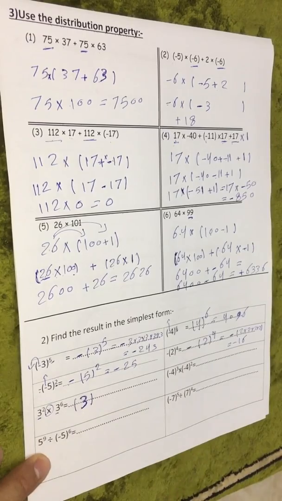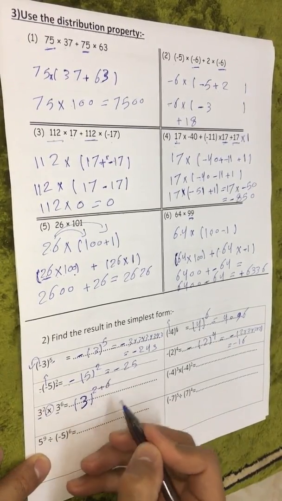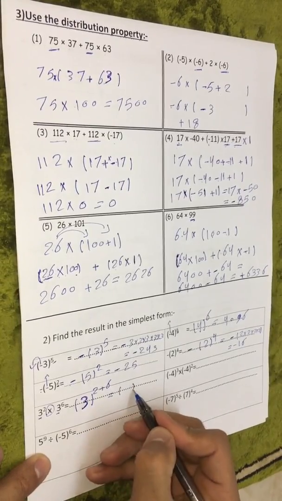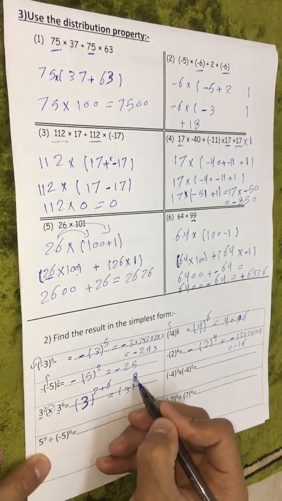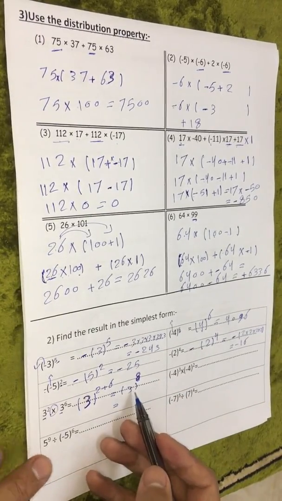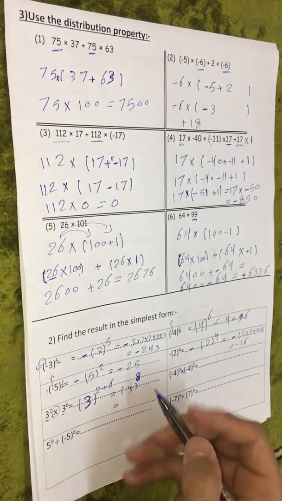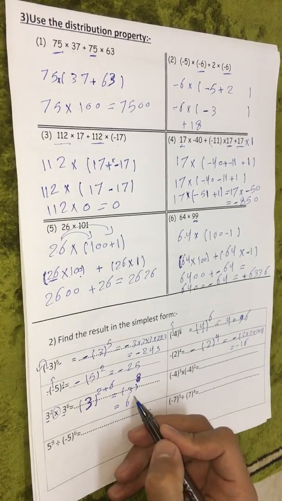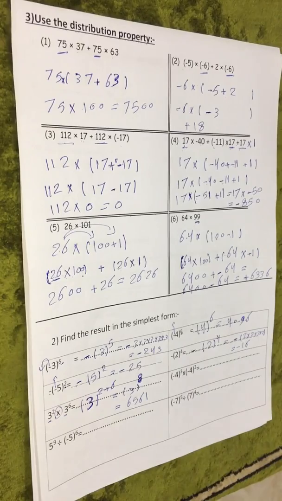That's equal 3, 2 plus 6 equal 8. Now you can simplify. It's 3 power 8. That's meaning 3 by 3 by 3 by 3, 8 times. That's equal 6,561.